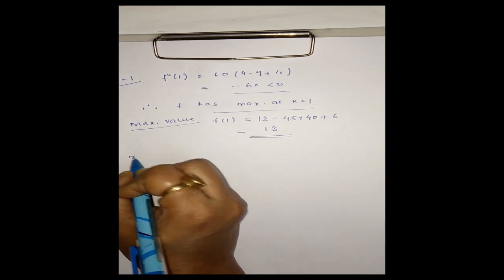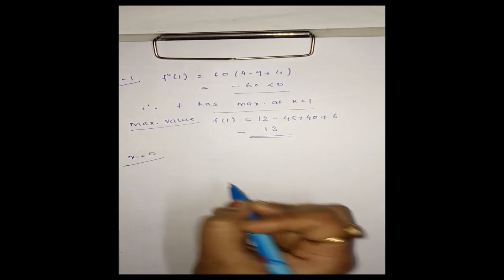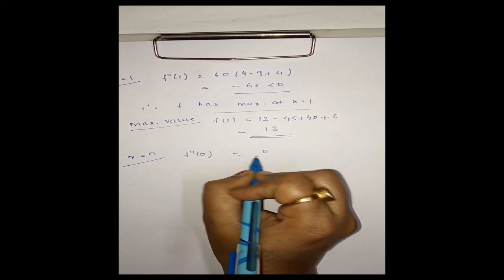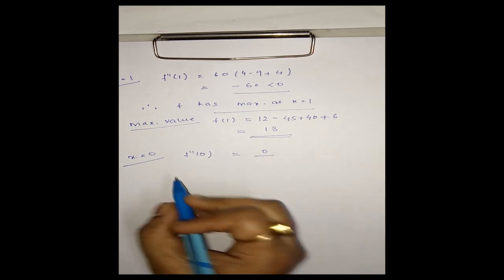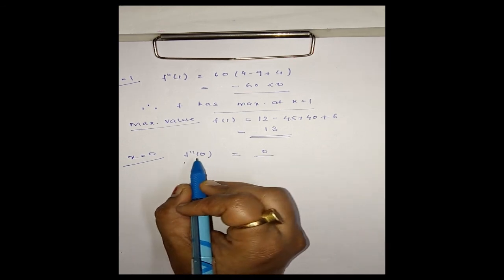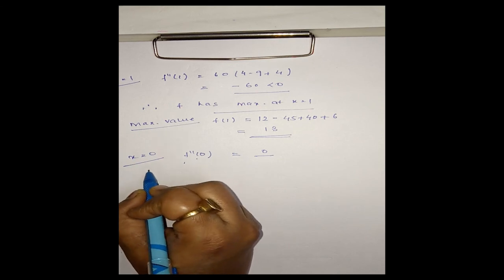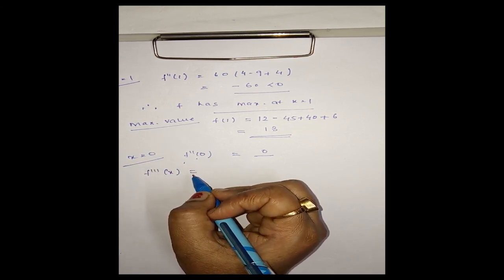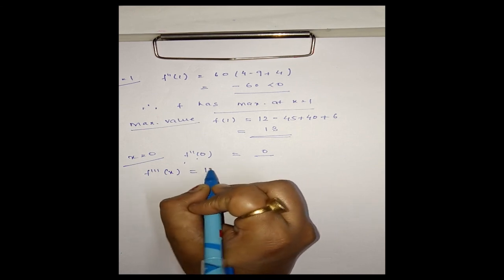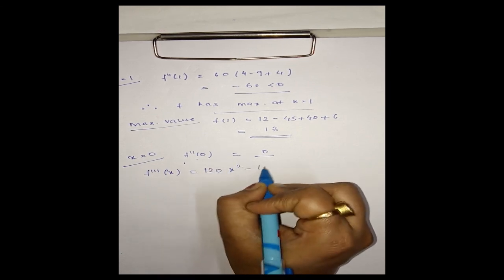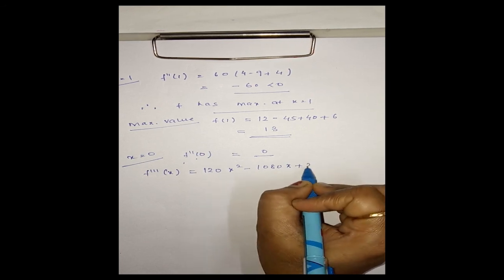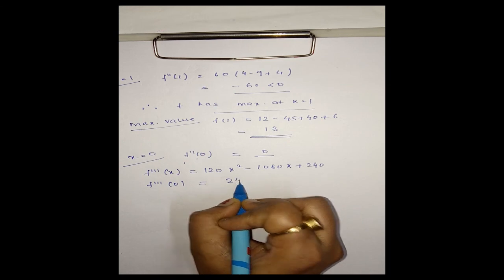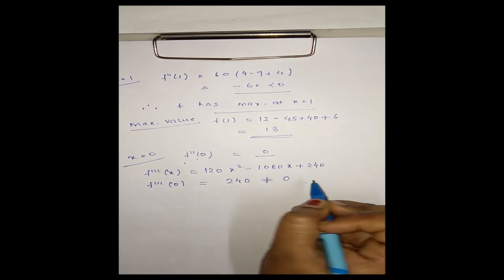Now for x equal to 0, f double dash is 0. So f dash at 0 is 0 and f double dash at 0 is 0. Now we will find the third derivative. F triple dash x is given by 720x^2 - 1080x + 240, and at 0 it is equal to 240, which is not equal to 0.